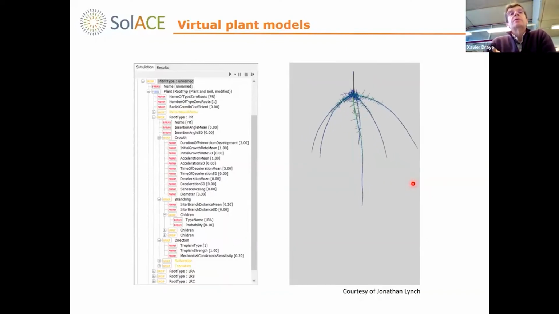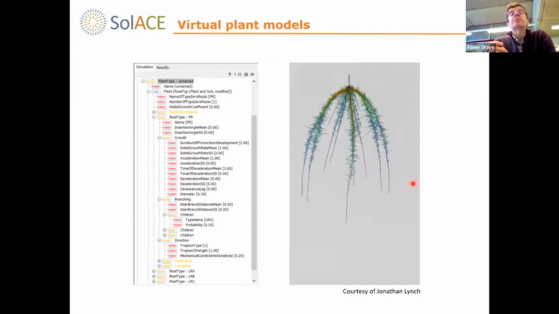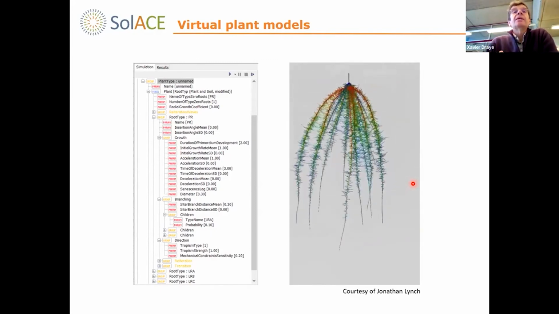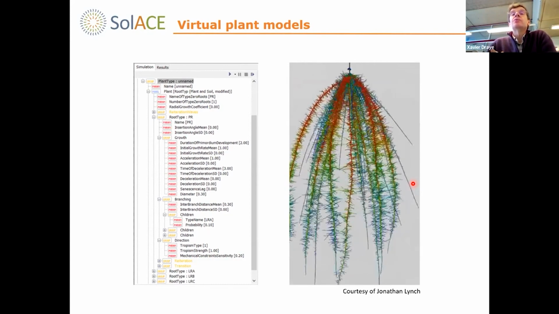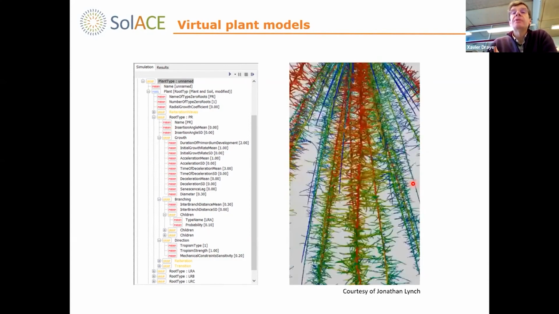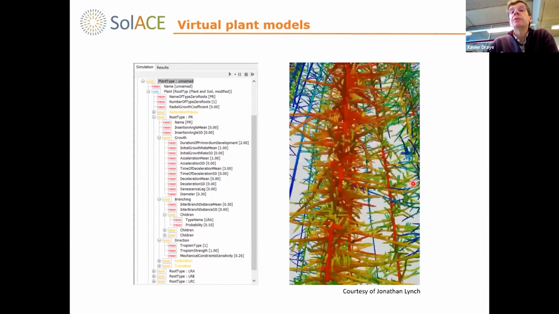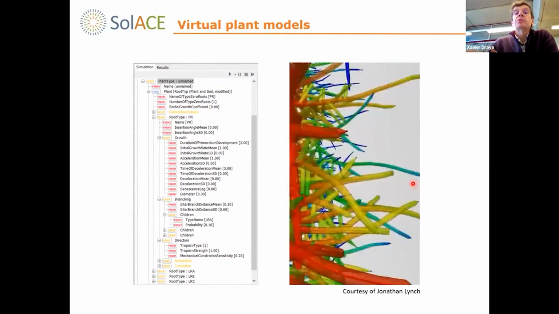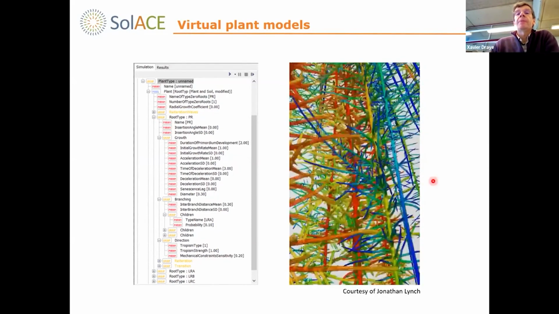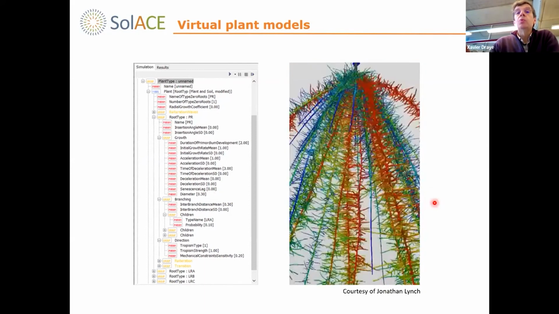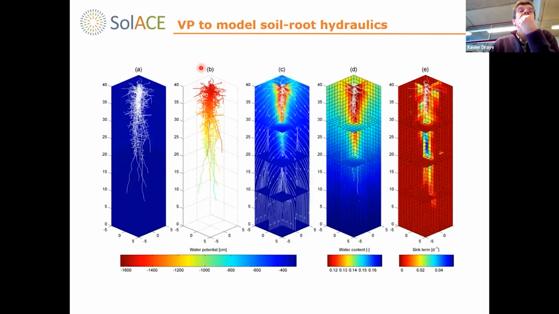Next to the crop model, we also have different categories, and another set of models is the virtual plant models. These try to represent the root system with a very fine resolution, down to the organ or the segment level. So what are we able to do with this kind of model? The example here is a connection of this kind of virtual plant with a soil water transfer model.